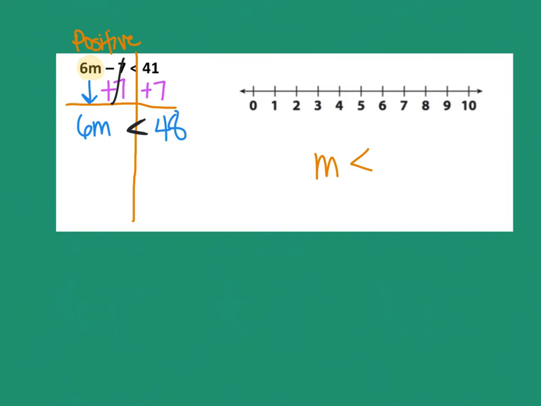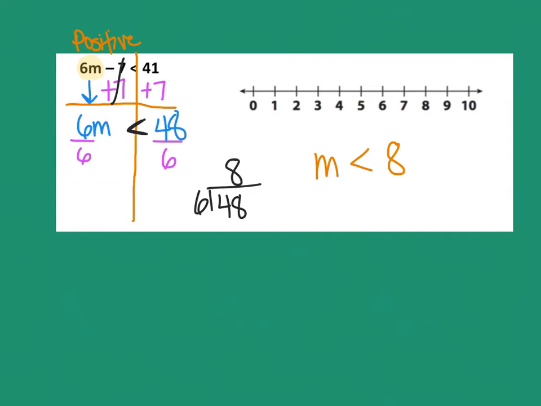My very last step is to divide by the number that's with your variable. Because I'm dividing by a positive number, because the number with the variable is positive, I keep this sign the same. If you're not sure what the answer is, you would make a division problem. 6 divides into 48 8 times. You could check your multiplication chart if you weren't sure. Okay, so now I'm ready to graph this.